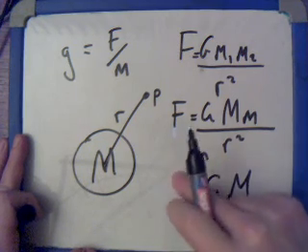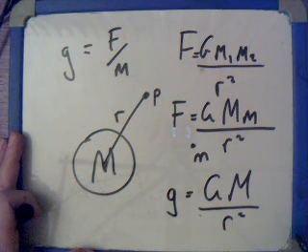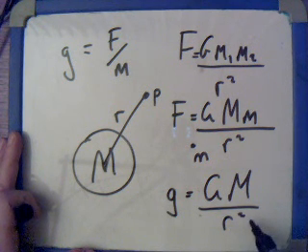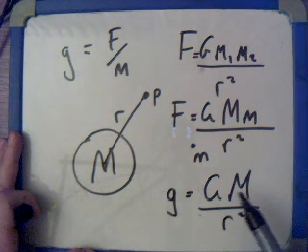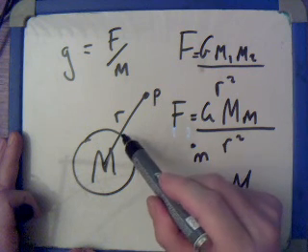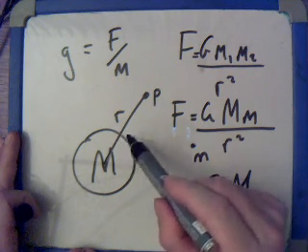In fact, that of course is g, the gravitational field strength. So as we see, the further we are away from the Earth, with r the distance, the smaller the gravitational field strength, which makes sense, and the bigger the mass, the greater the gravitational field strength. However, we stop at the surface. We don't go further in than that because it changes everything.